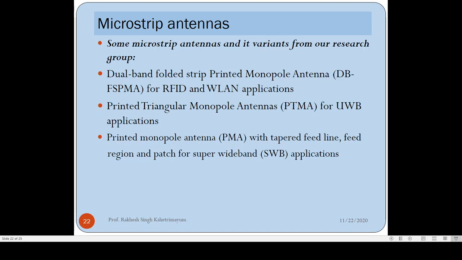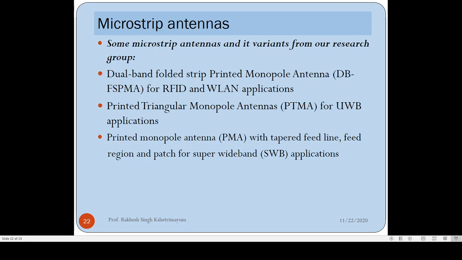So these 3 antennas we have considered here are called printed monopole antennas with a partially etched ground plane. Some portion of the ground plane has been removed to have higher bandwidth, and this is one of the very popular microstrip antennas, and people usually call these antennas printed monopole antennas.